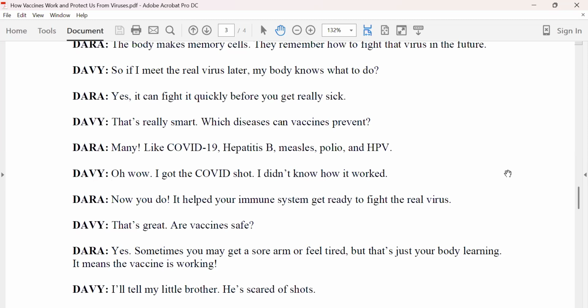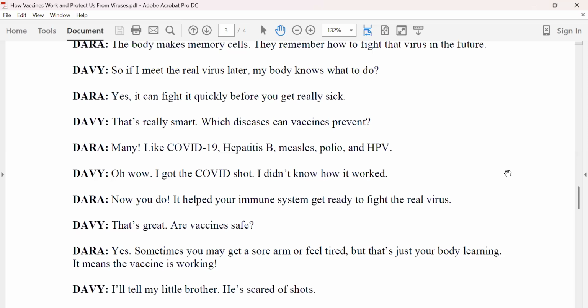Yes, it can fight it quickly before you get really sick. That's really smart. Which diseases can vaccines prevent? Many, like COVID-19, hepatitis B, measles, polio and HPV. Oh wow, I got the COVID shot. I don't know how it worked.